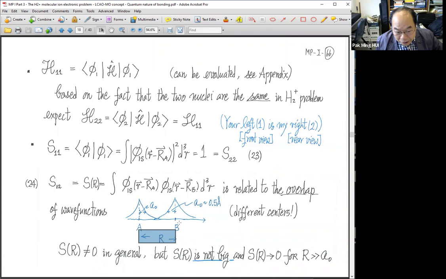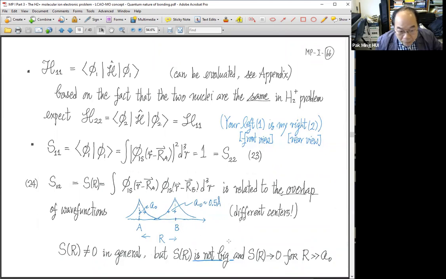At all the other places, for example here, the right-hand wave function is not zero, but the left-hand wave function at this place, due to the exponential decay, has dropped to a very tiny number. So the product is not going to be big. It's not zero in general, but it's not going to be big.